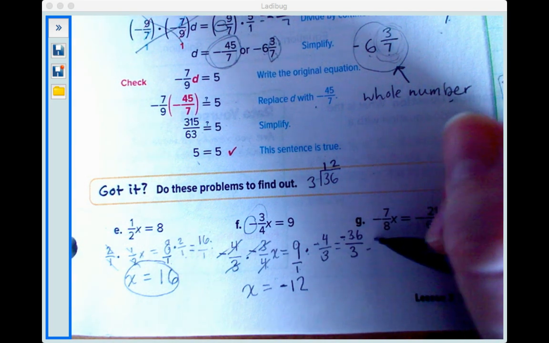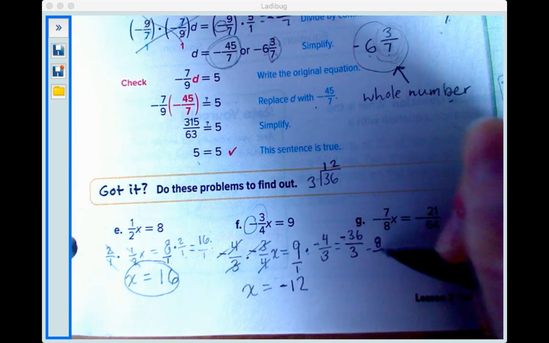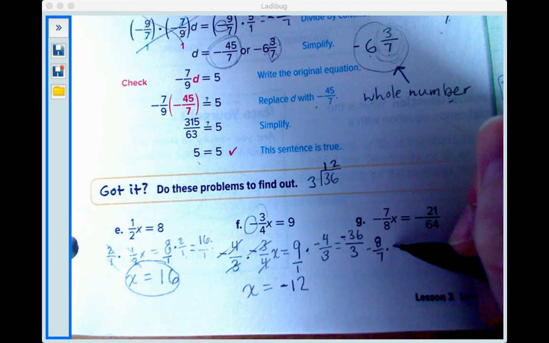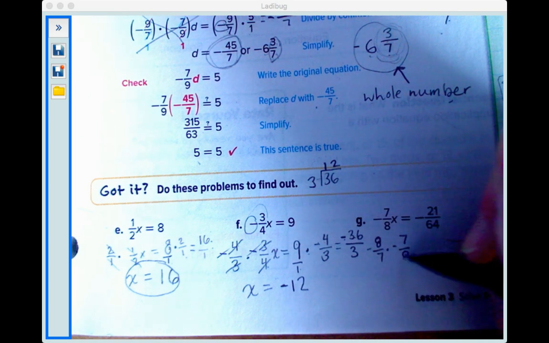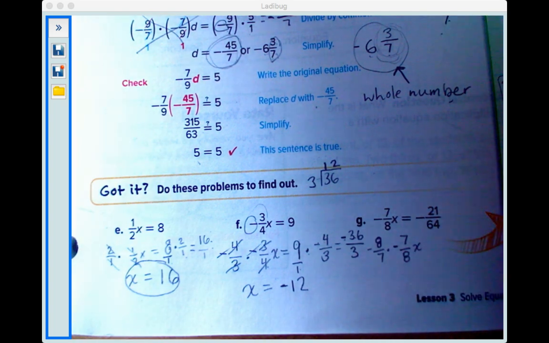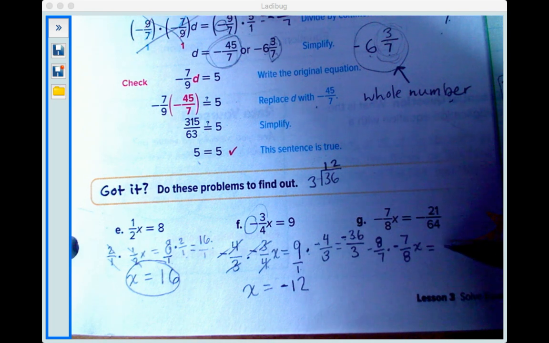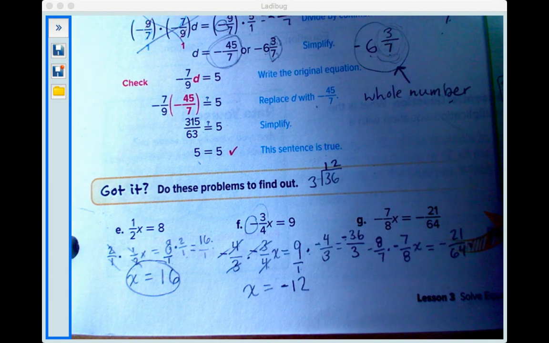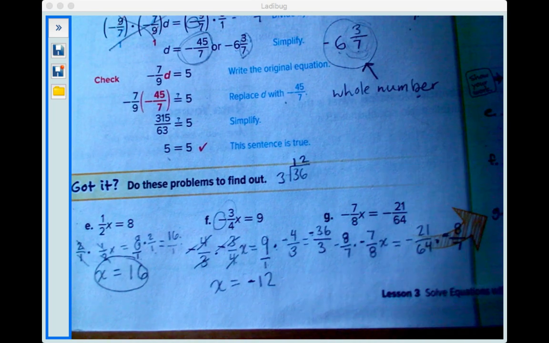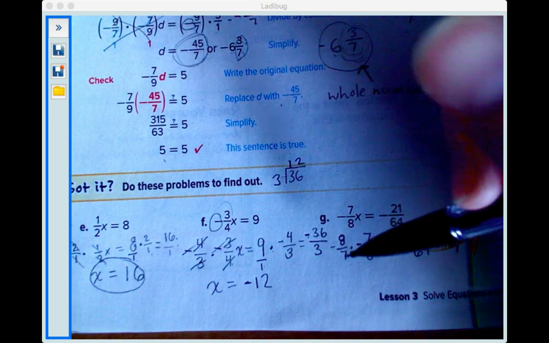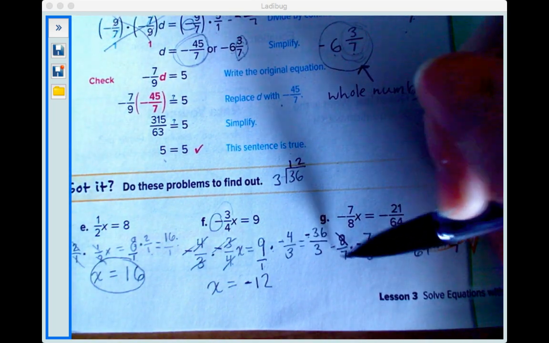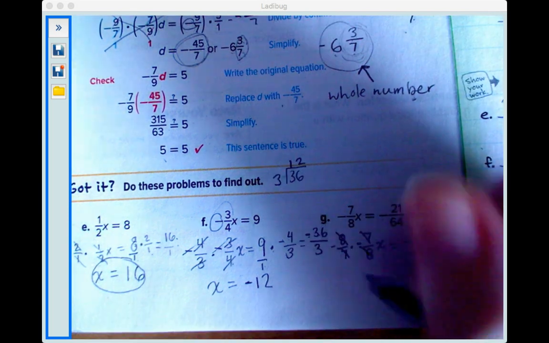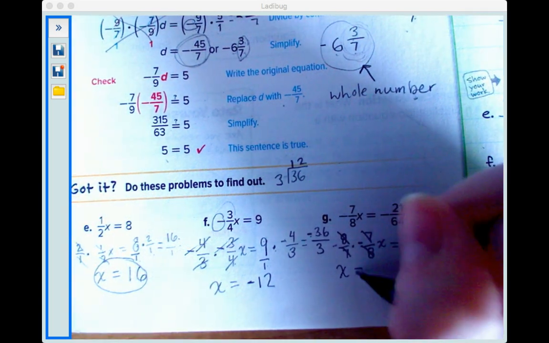So negative 8 over 7 times negative 7 over 8x equals negative 21 over 64 times negative 8 over 7. You cross out your 8s, you cross out your 7s, you now have x by itself.